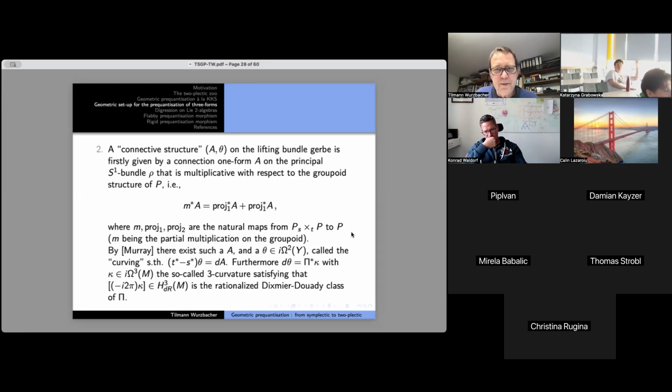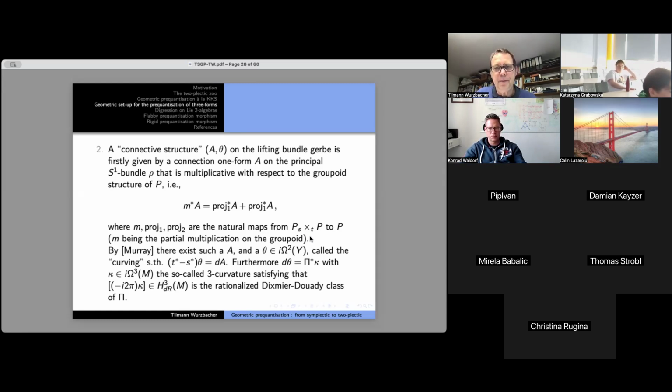This form is multiplicative, which means that I look at this fibered product, P times P over M, with respect to S and T. These are the elements of the total space of the groupoid which are composable.